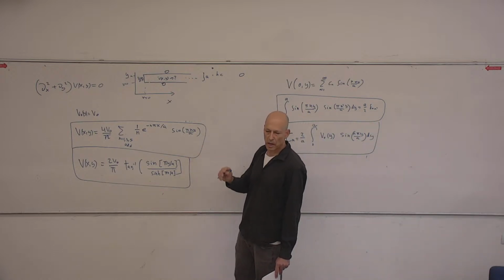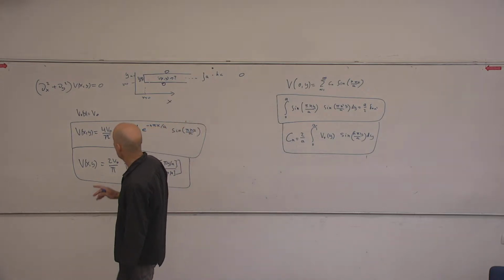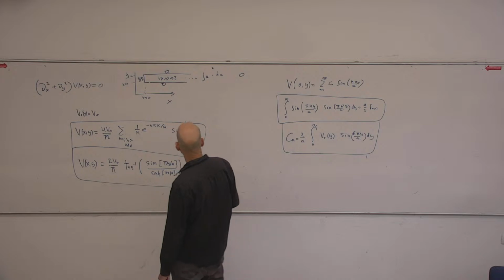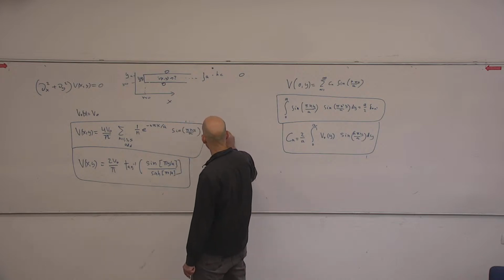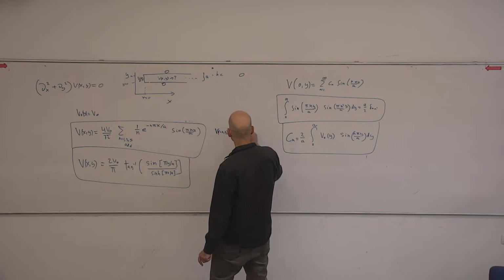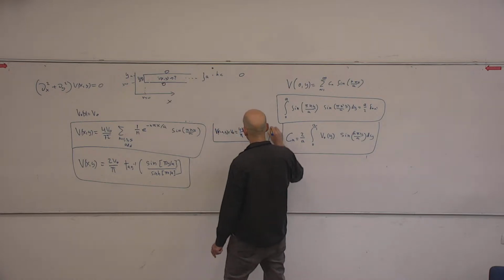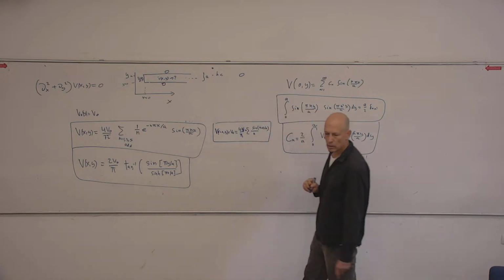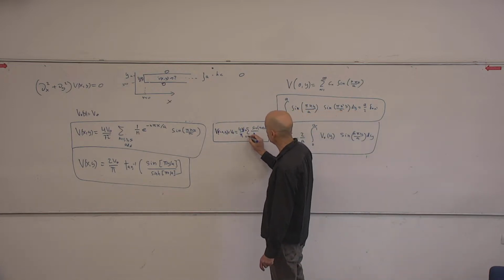You can do a nice exercise if you like these type of exercises. Let us look at x equal 0 again. So what is V(x equal 0)? It should be V0. If I look at this object, this is 4V0 over pi, sum of 1 over n sine pi n y over a, with n going over the odd.